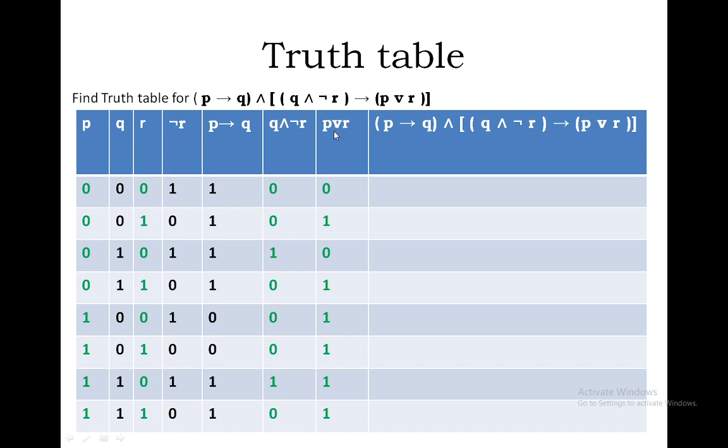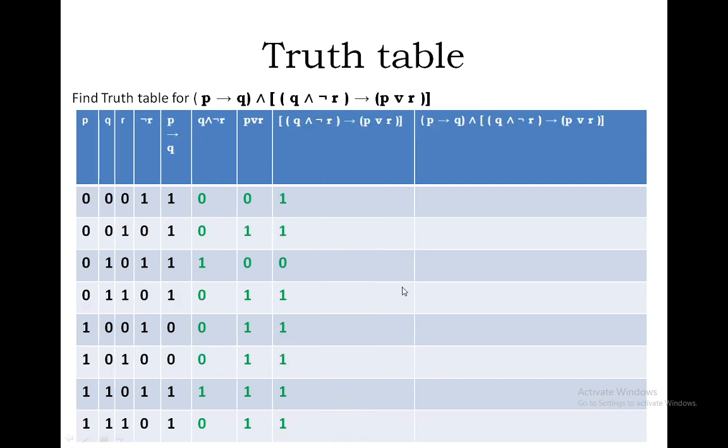In a disjunction, 0 or 0 we get as 0. If any one is 1, or both are 1, we get 1. So only the 0 0 combinations are going to be 0, and the rest of all the values are going to be 1.